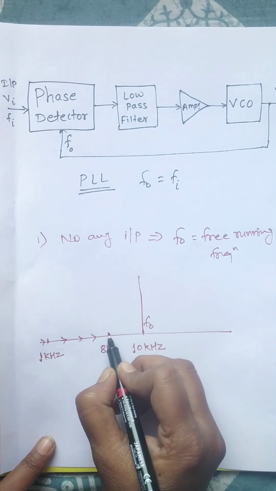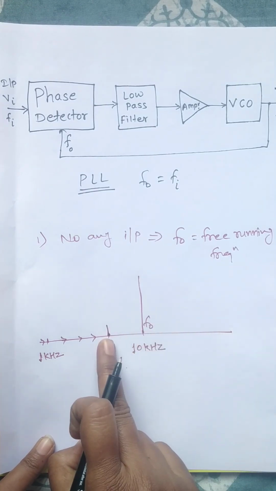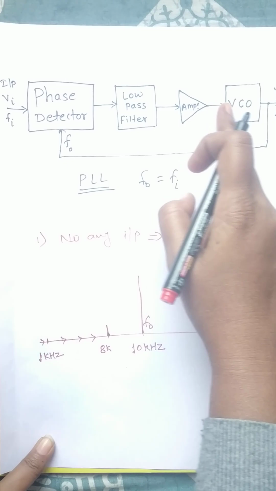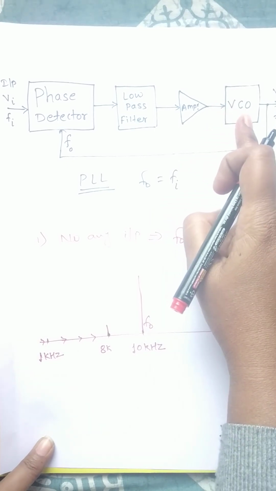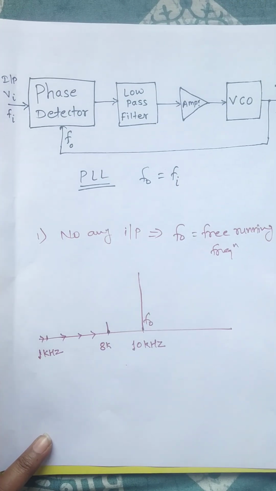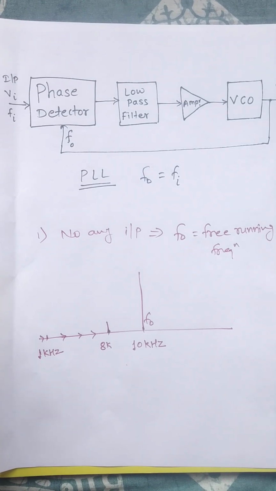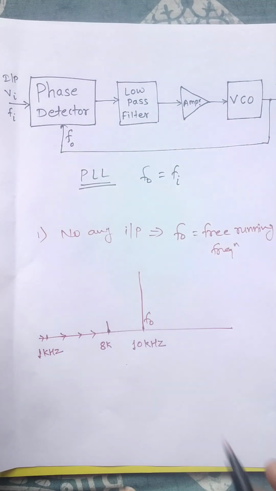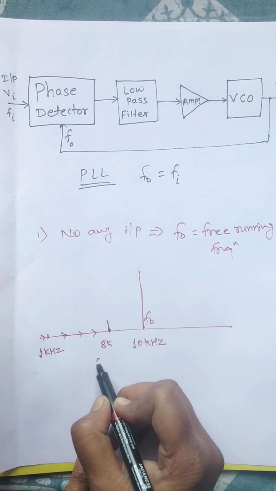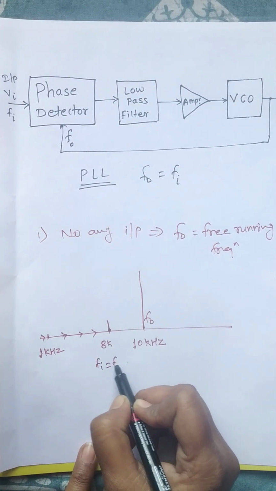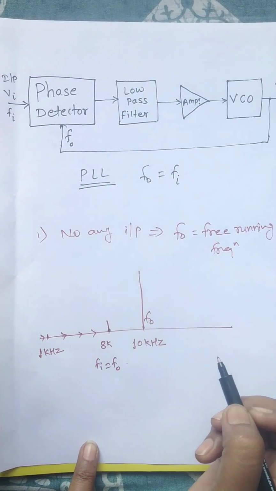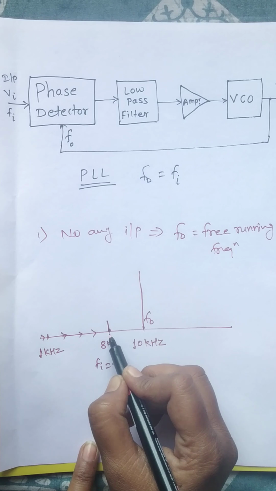As soon as the input signal becomes 8 kilohertz, what will the system do? The system will try to make its output frequency F0 equal to Fin. So Fi is now 8 kilohertz, Fout will be 8 kilohertz. Next, the input signal frequency is increasing.